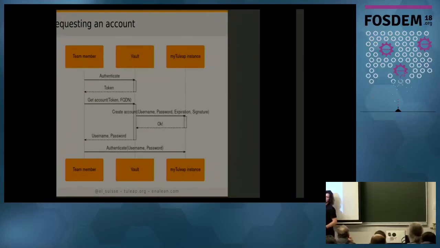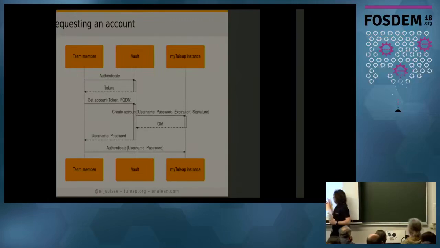Since Vault is the only thing that has the private key, it's the only thing that can emit a request to create an account, and with Vault access control, you can just say, okay, I want those people to have the possibility to use this API. So only those people will be able to call it.